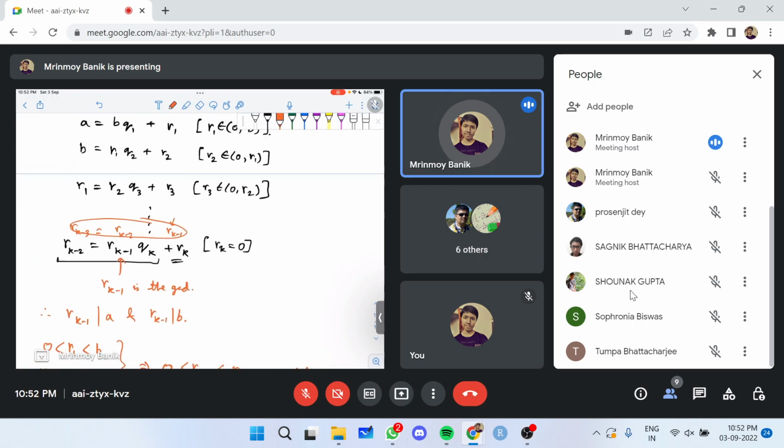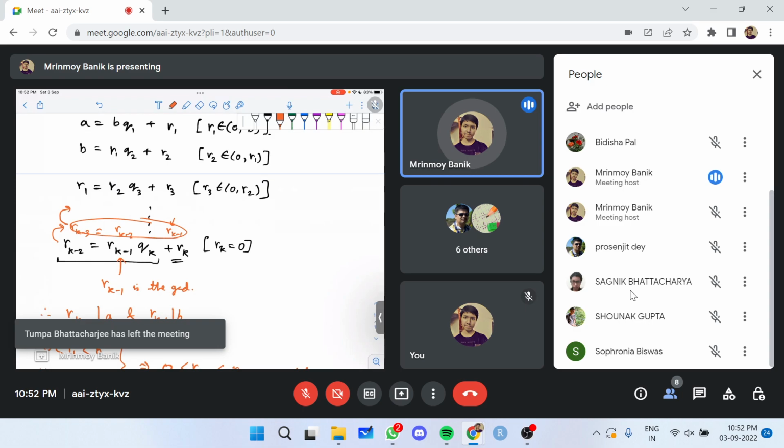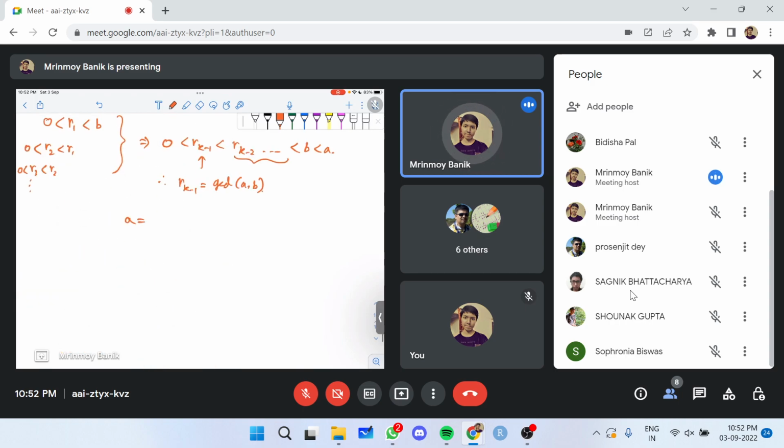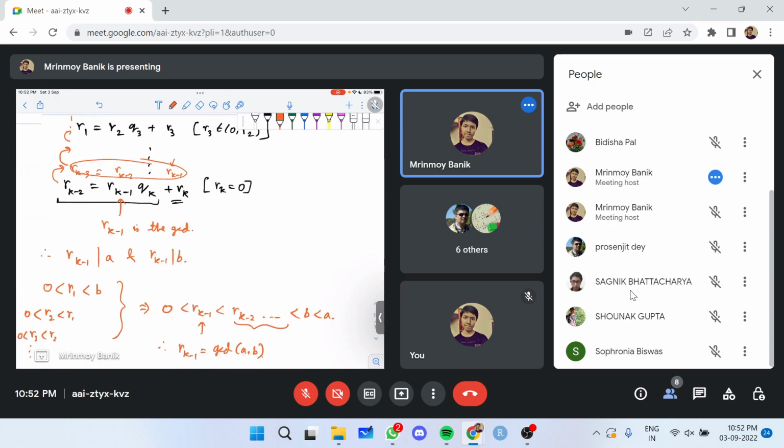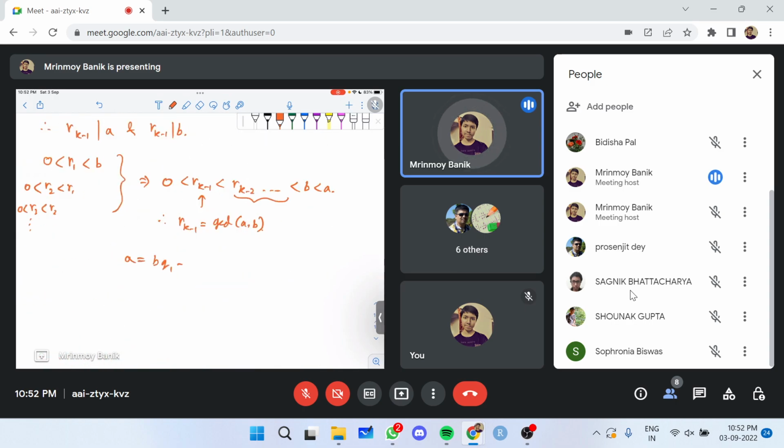So if you substitute the value of r_{k-2} in the equation just before it, and then use that to substitute the value of r_{k-3} in the equation before it, and then continue, you will eventually get an equation of the form a equals b q1 plus r_{k-1} times some q1 dash.